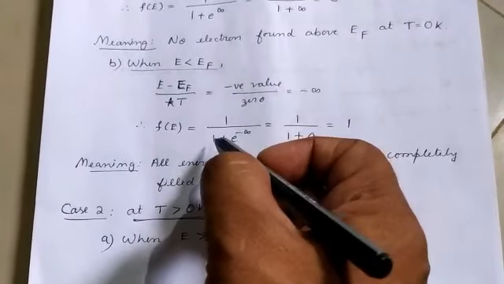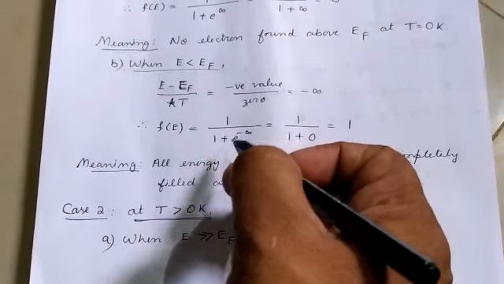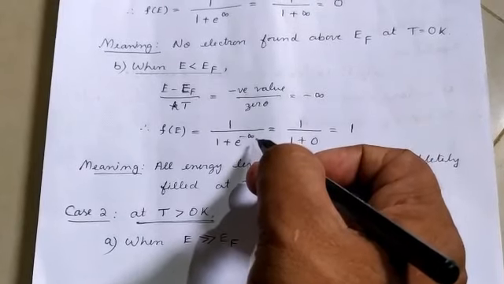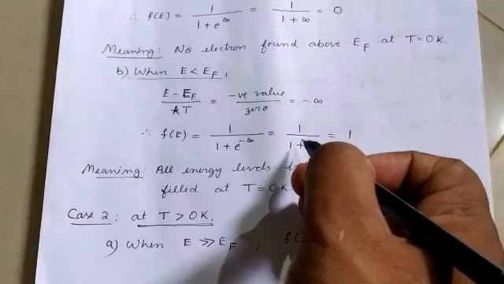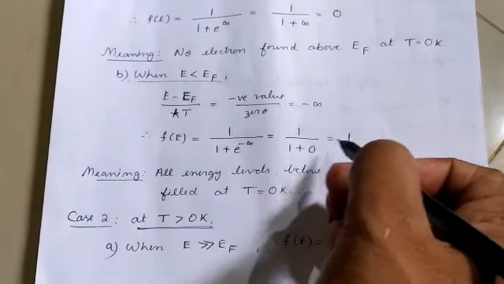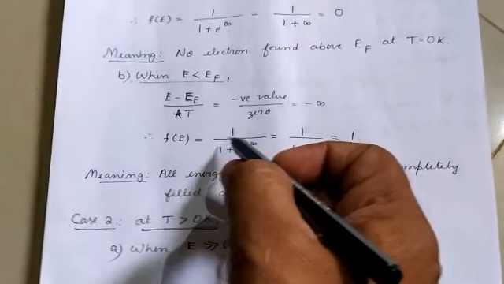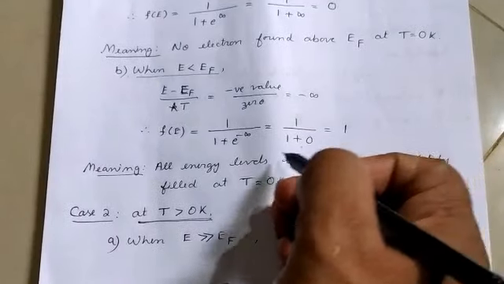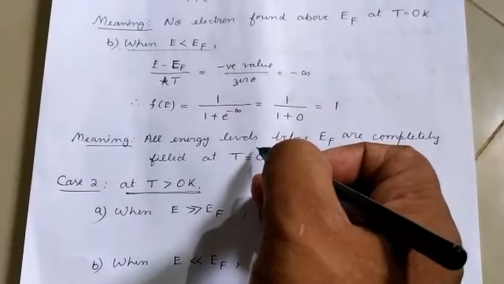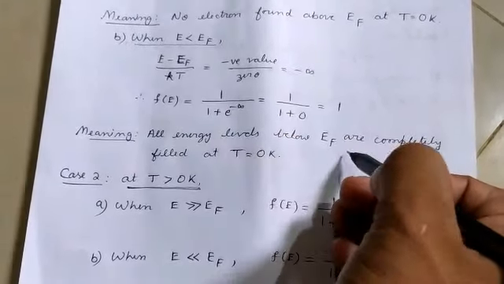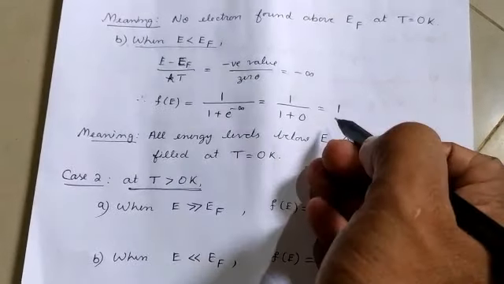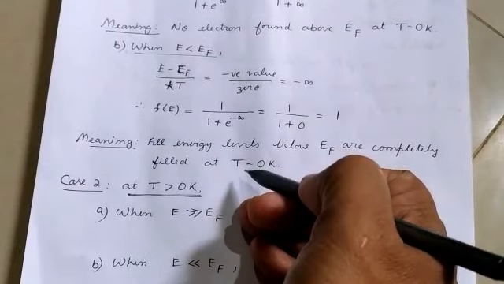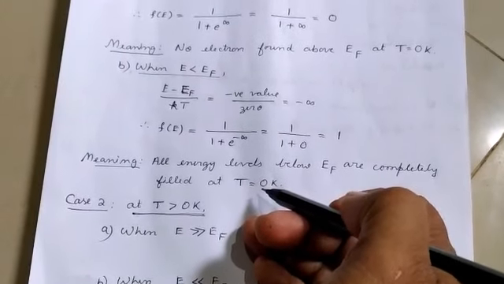Therefore f(E) becomes 1 / (1 + e^(-infinity)). e^(-infinity) is 0, so we get 1 by 1, that is 1. That means the probability is equal to 1. So all energy levels below the Fermi level are completely occupied, the probability is 100%. This is true at the temperature of 0 Kelvin.